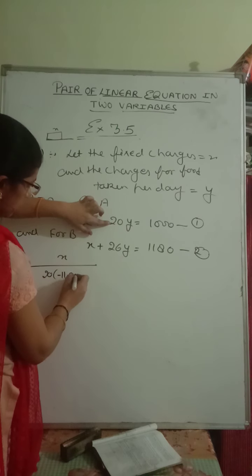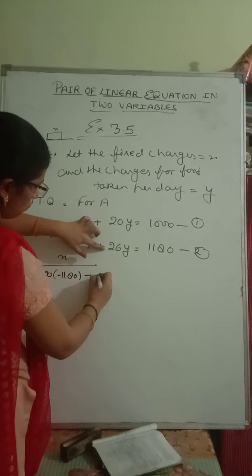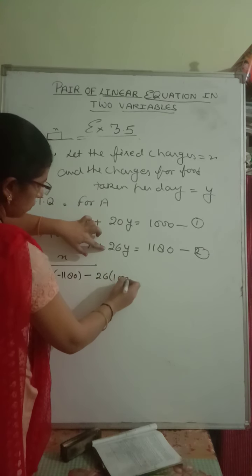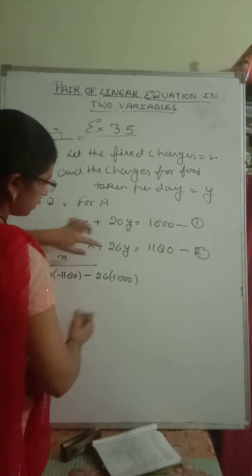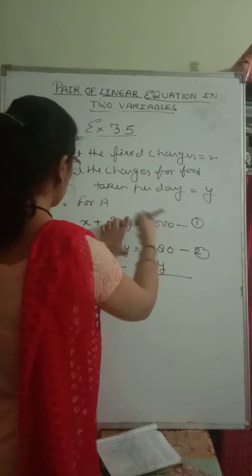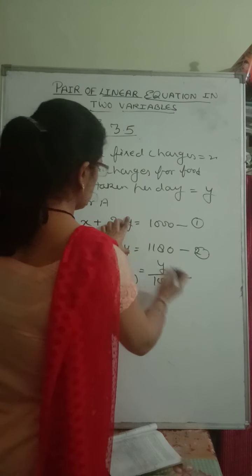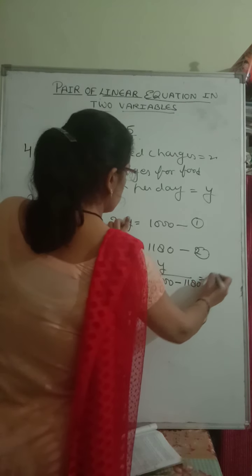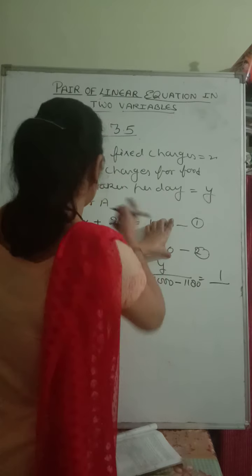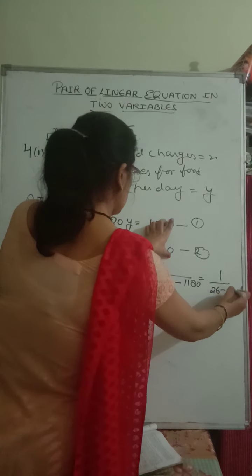minus 1180 minus 26 into minus 1000 equals to y upon 1000 into 1 minus this into this equals to 1 upon this into this, 26 minus 20.